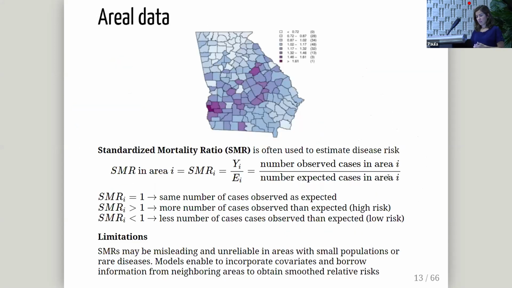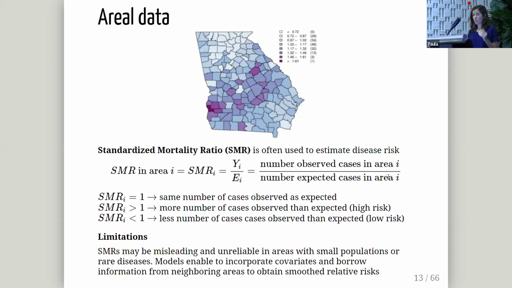Okay, so imagine we have areal data and we want to estimate the risk of the disease in each of these areas. One easy way to do it is to calculate the standardized mortality ratio, or SMR. This is the number of cases observed divided by the number of cases expected. If we have the same number of cases observed as expected, SMR is equal to 1.